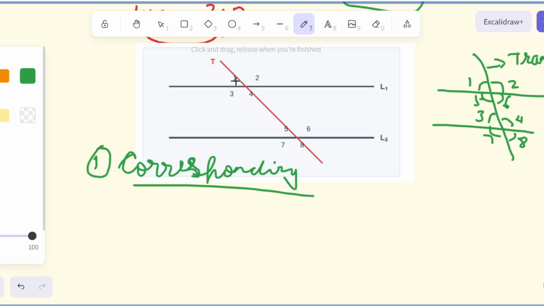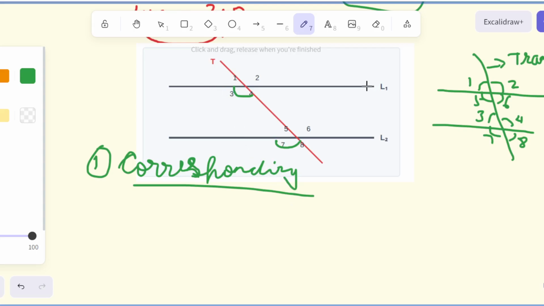So for example, if I take angle 1 and angle 5, they are lying above the parallel lines and on the same side of the transversal. The red color line is a transversal. Make sense? And if you take an example of below, then you can take 3 and 7.